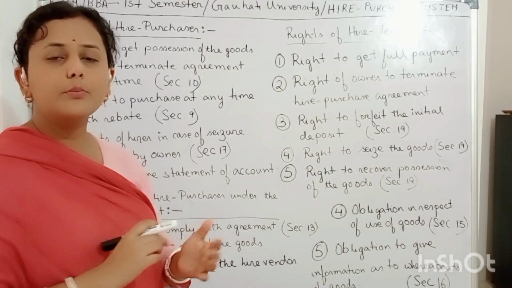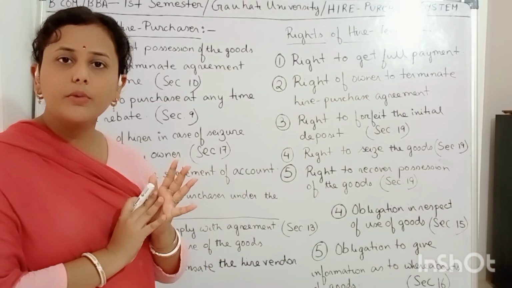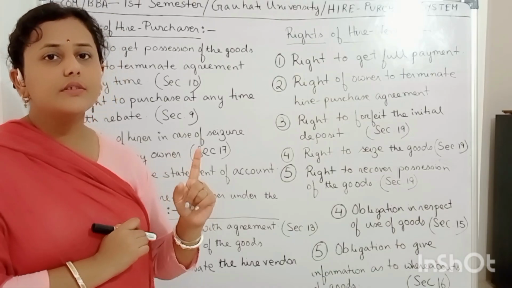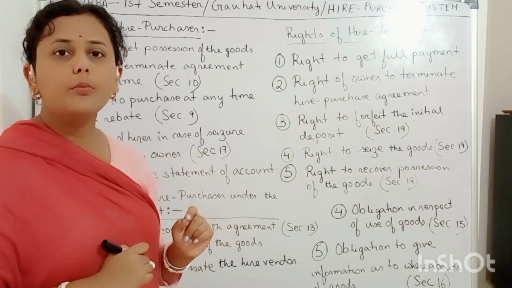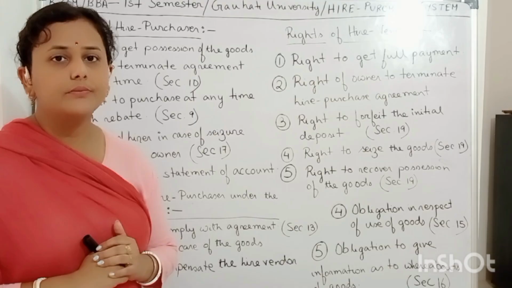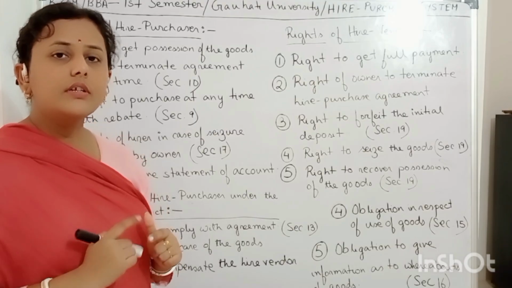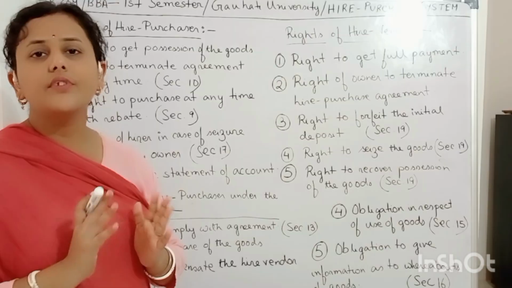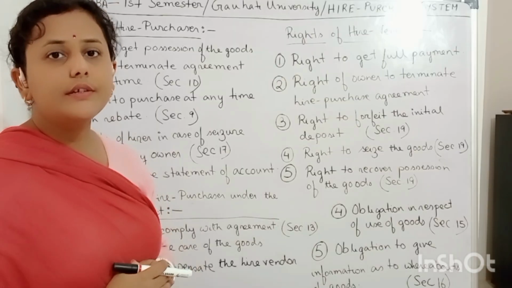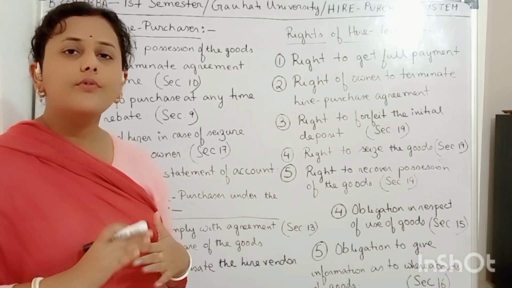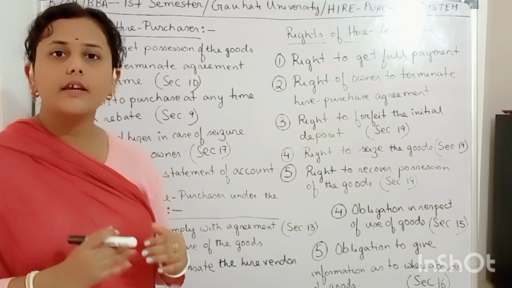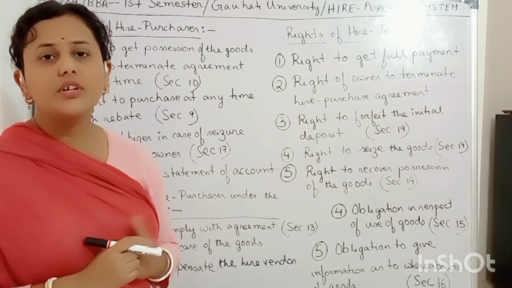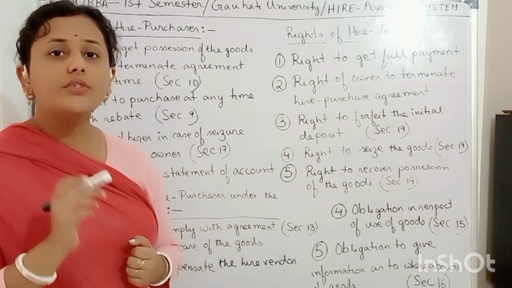Suppose there are 5 installments, and he has paid the first and the second installment. After some time he can also pay the third, fourth and fifth installments together, that is, the full hire purchase price, and purchase the asset with rebate.